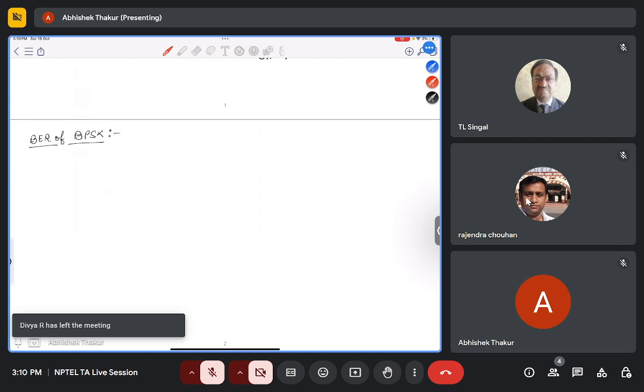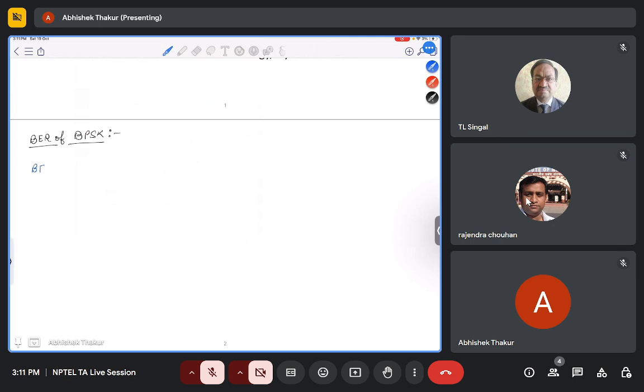So as we all know, the bit error rate, like in BPSK, the received symbol Yk is equal to Xk plus Nk.